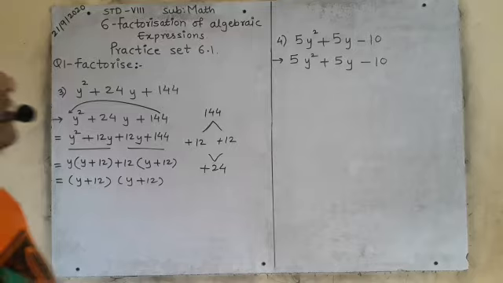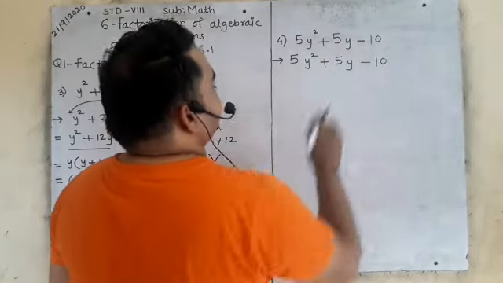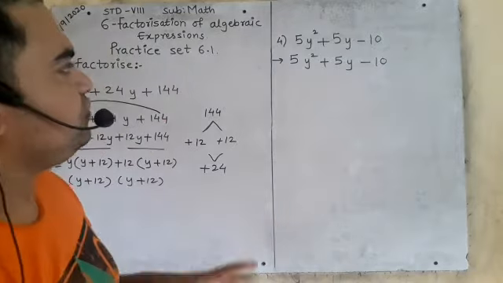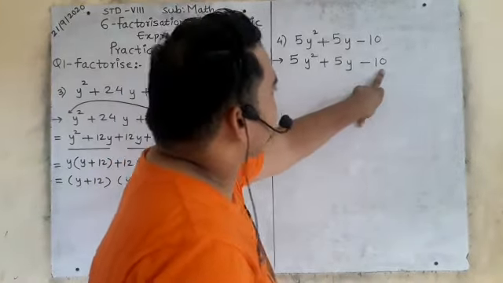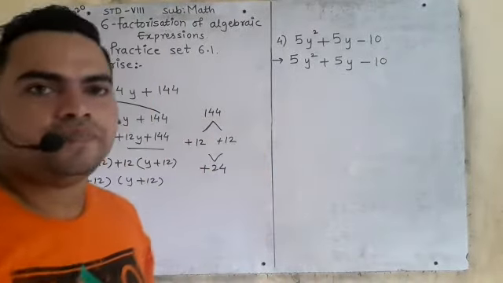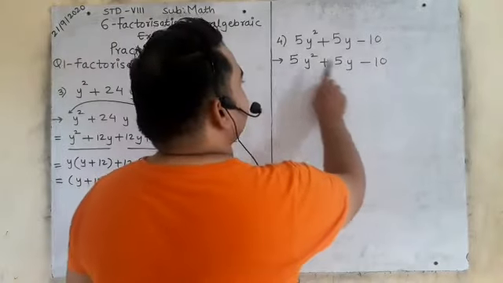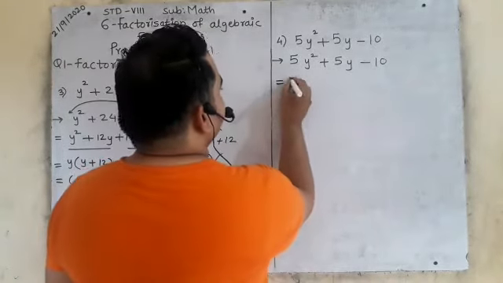Very simple. Now look at here: 5y square plus 5y minus 10. Can you see here something which is very unique? 5 1s are 5, 5 1s are 5, 5 2s are 10. It means you can take 5 directly as a common. Because in the 5 times table 5 comes, and 10 also comes. So you will take out 5 as a common.